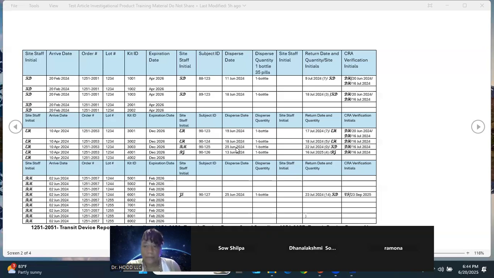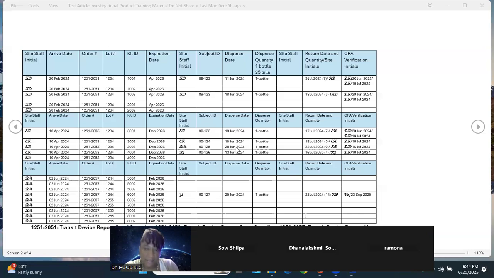Source indicates patient lost, or patient destroyed, whatever the situation is. But the reason why it's a deviation is not only because they didn't bring the correct amount back, but they didn't take from that bottle for the 28 days specified. That bottle does not say plus or minus 7 days.